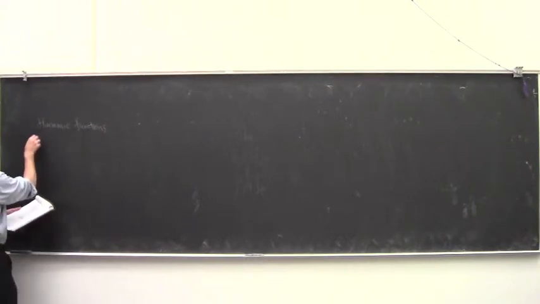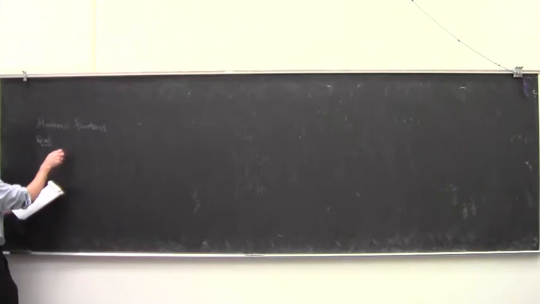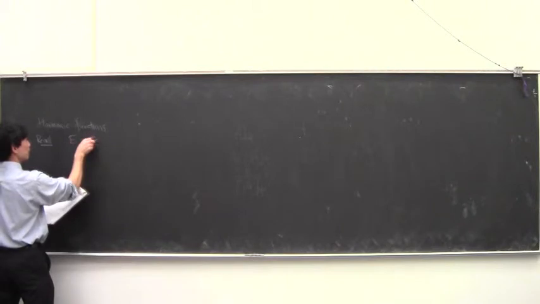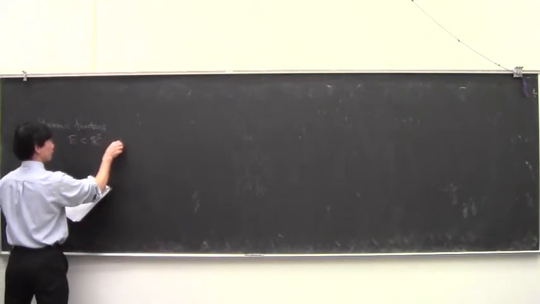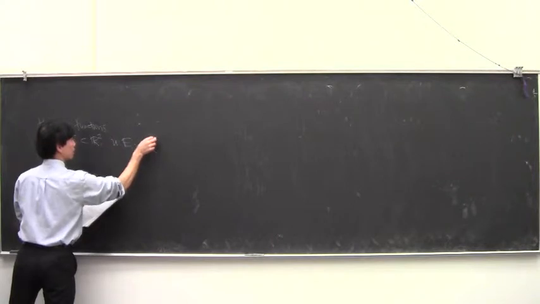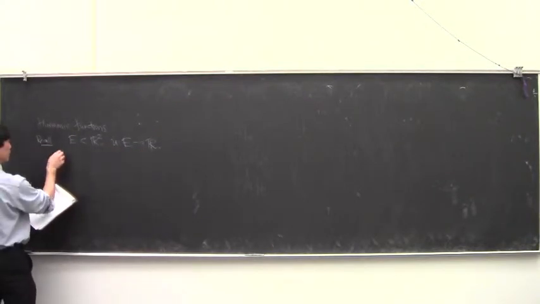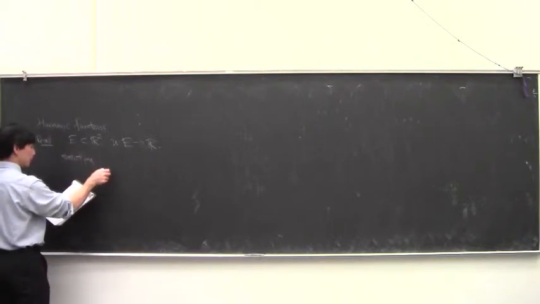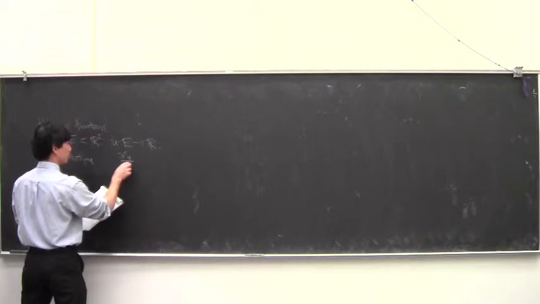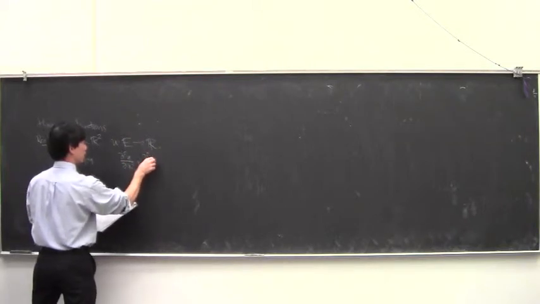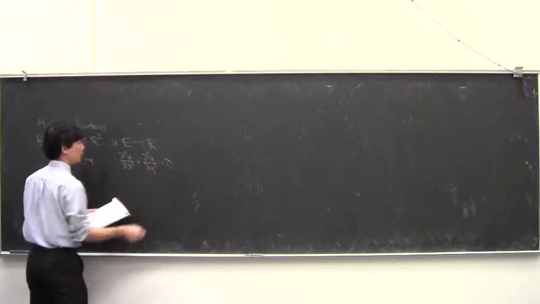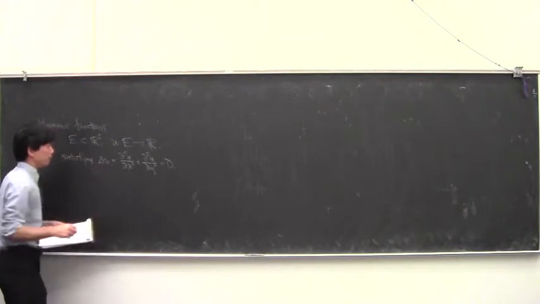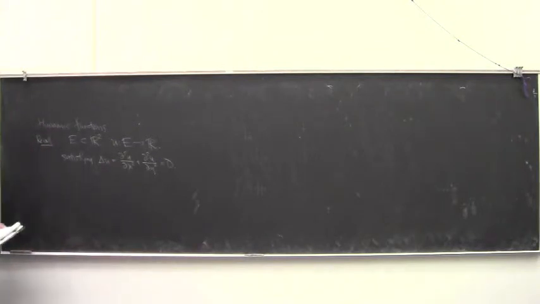Recall we said you have some subset of R2 and a real-valued function satisfying this differential equation, which we abbreviate as: the Laplacian of u is 0.